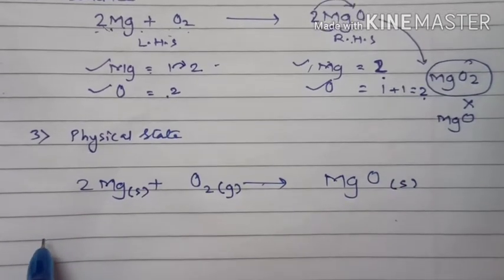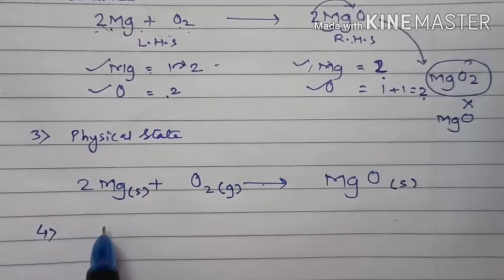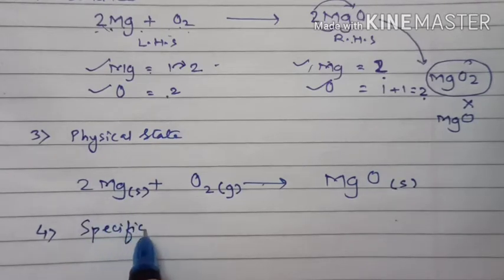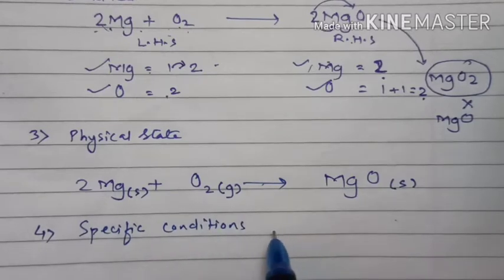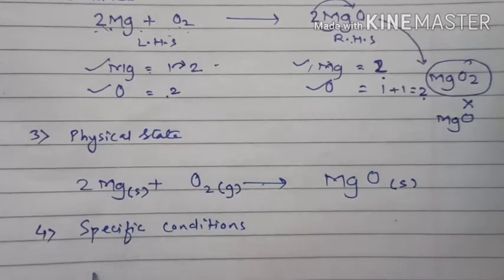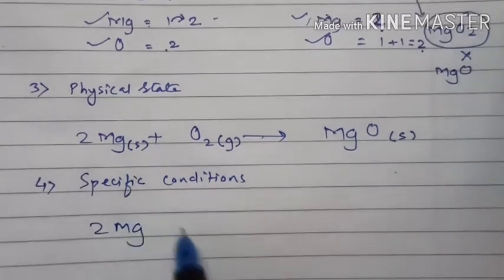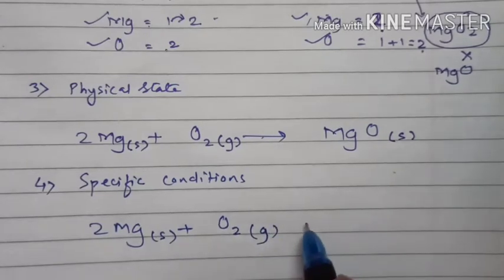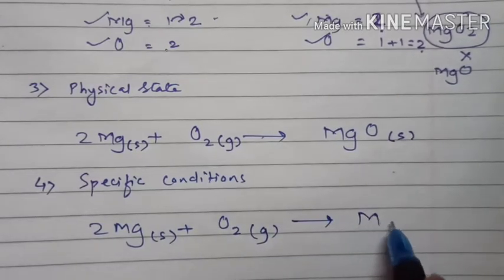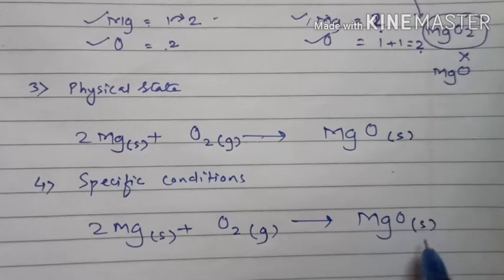Now the next step is that you have to mention the specific conditions. So what are the specific conditions in the above reaction? 2Mg, it is solid, plus O2 give rise to 2MgO.